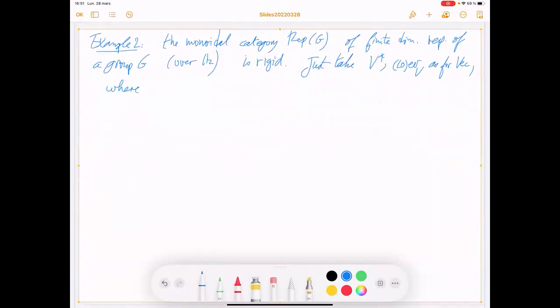The representation of V star applied on an element g of the group means the dual object of V. How do you do that?